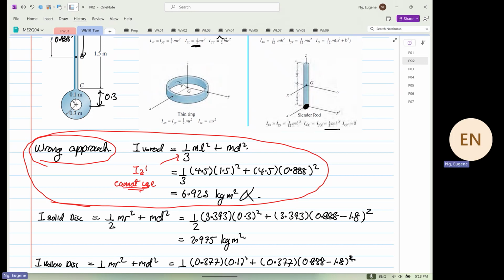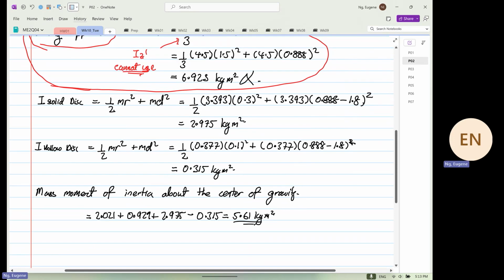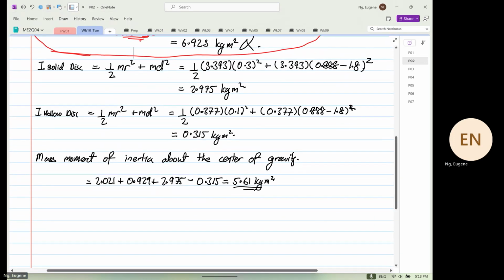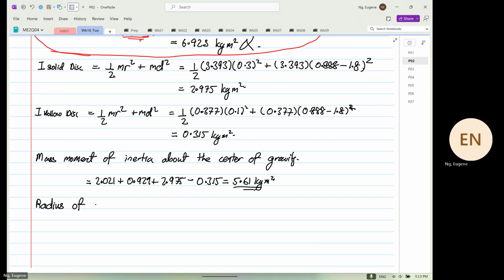Now there's another formula that you can use, okay? That I want you all to know. That is known as radius of gyration. Radius of gyration, the symbol is K. Okay.